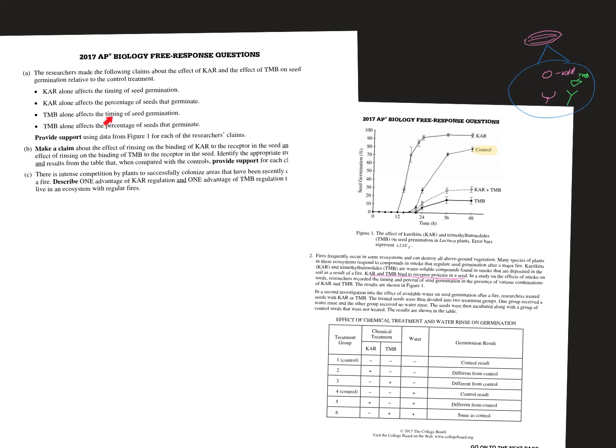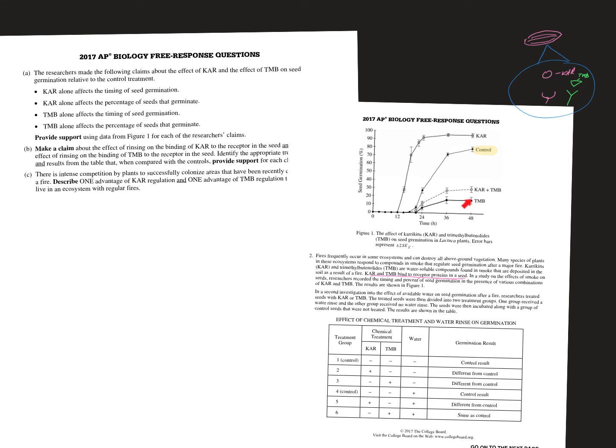TMB alone affects the timing of seed germination. Well, see, it slows it down. This is when the control would start. You add some TMB, and all of a sudden it takes maybe a couple more hours for the seeds to start to germinate. TMB alone affects the percentage of seed germination. It does. It negatively affects it. The control is here, and TMB alone does this.